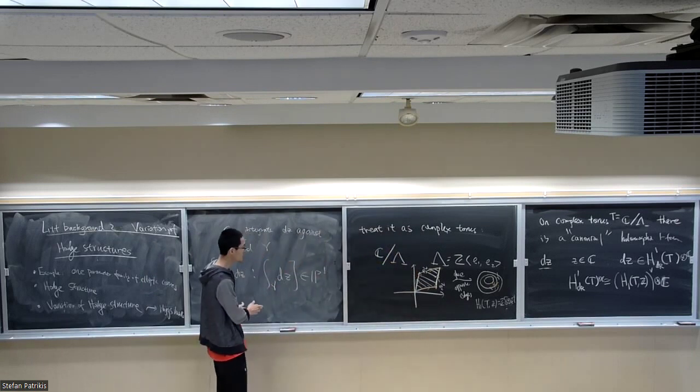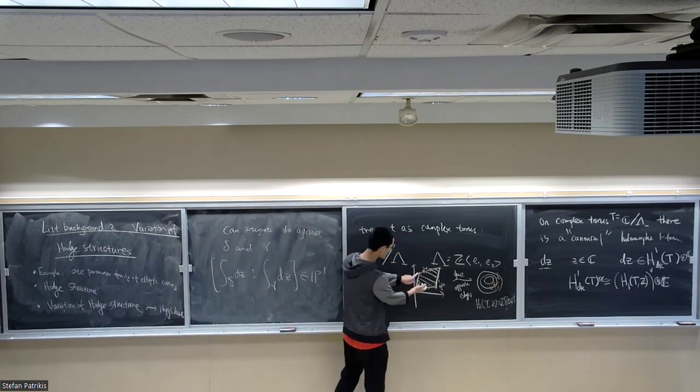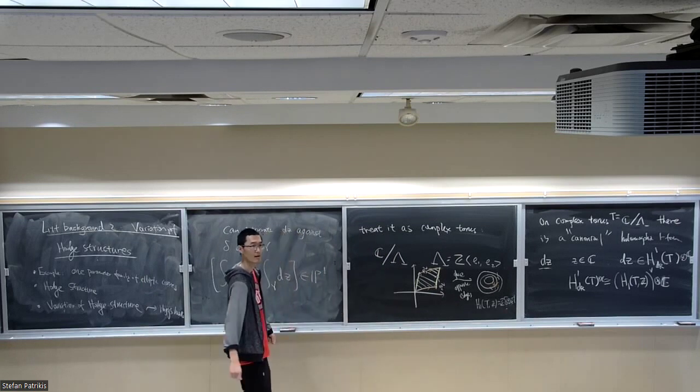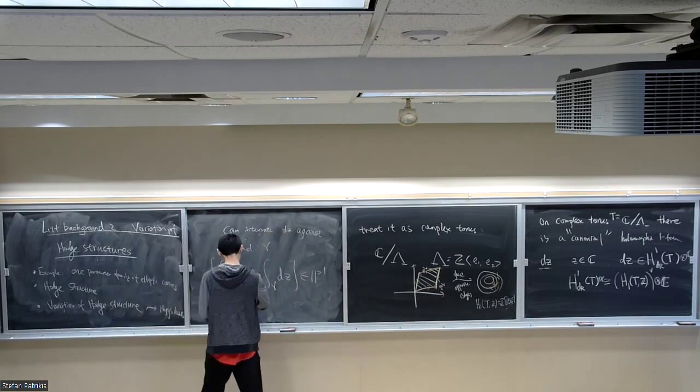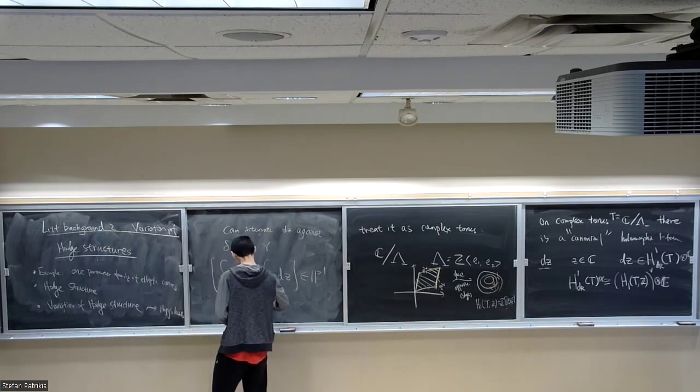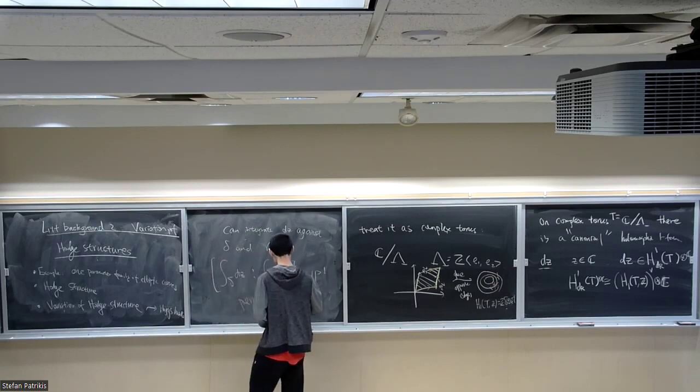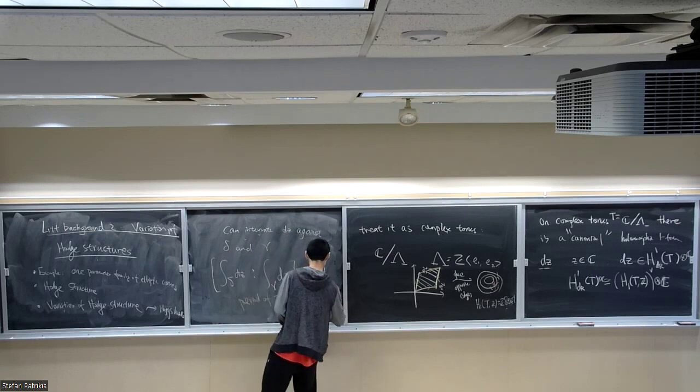This is called the period, and it is very sensitive with respect to the choice of e1, e2. So this is a period of T, and the upshot is that it depends on e1, e2.